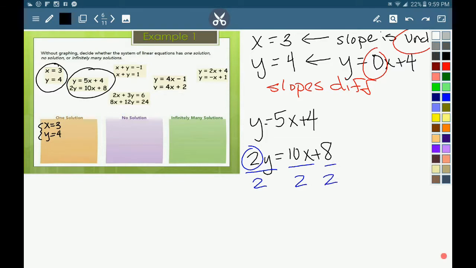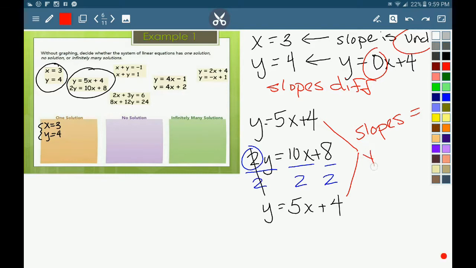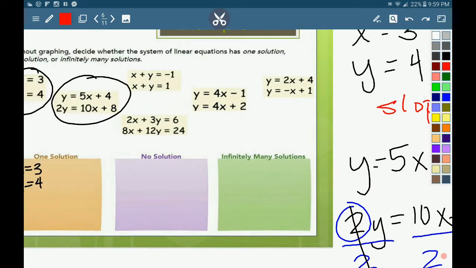So really this equation turns into y equals 10 divided by 2 is 5, so 5x, and 8 divided by 2 is 4. Well, since everything about these two equations match, I have the slopes are equal and the y-intercepts are equal. That means they're the exact same line, and thus they have infinitely many solutions.